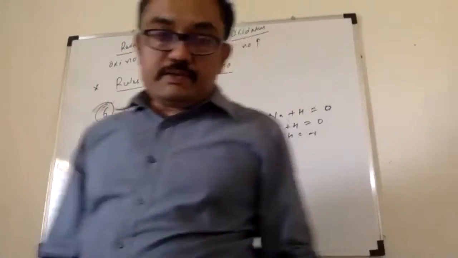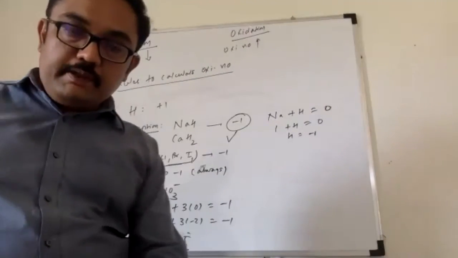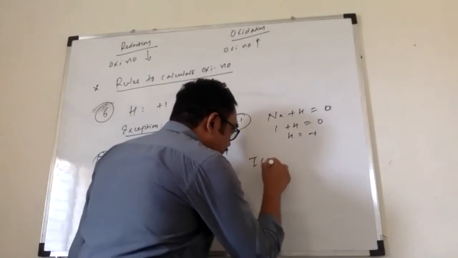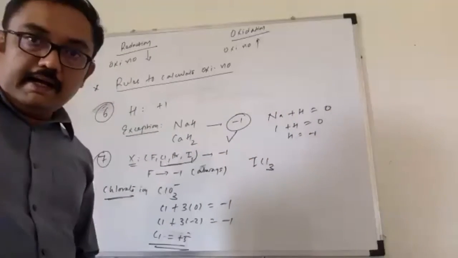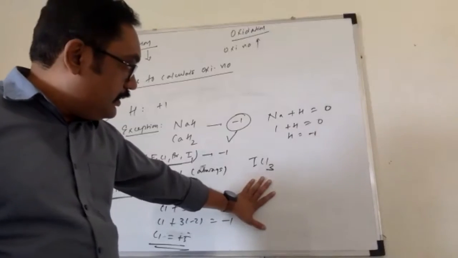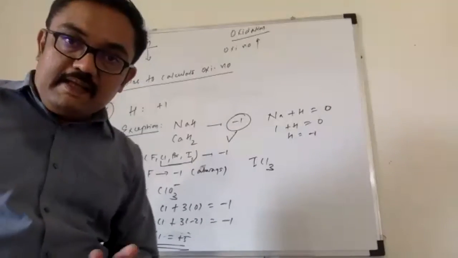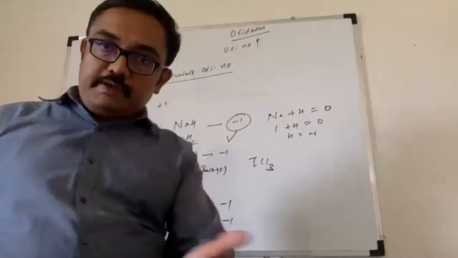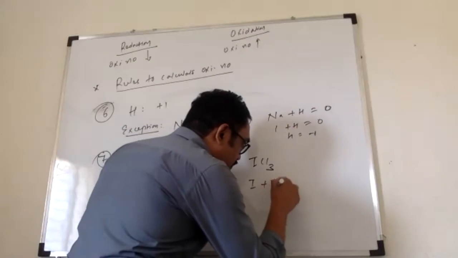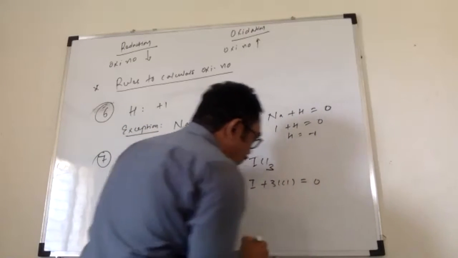As well as when halogens react with each other, that is called an interhalogen compound. Example ICl3, iodine trichloride. It is an interhalogen compound. In an interhalogen compound, the less electronegative halogen is found in a positive state. Here, iodine plus 3 chlorine is equal to 0.